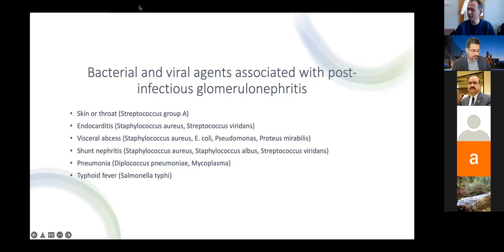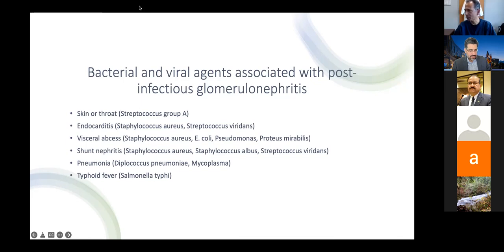The similarity is that in both streptococcus and staphylococcus, the disease is triggered by bacteria. In post-streptococcus, there are some antigens produced by group A streptococcus that are deposited in the glomerular basement membrane, where they trigger the antigen-antibody reaction, and that triggers the pathogenesis of post-streptococcus GN.